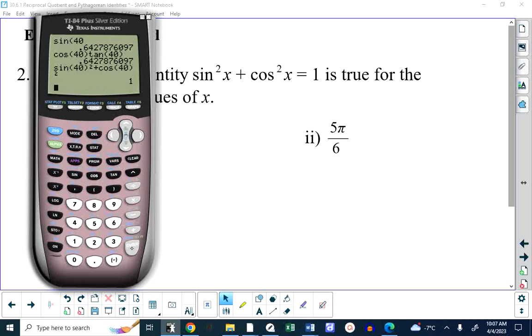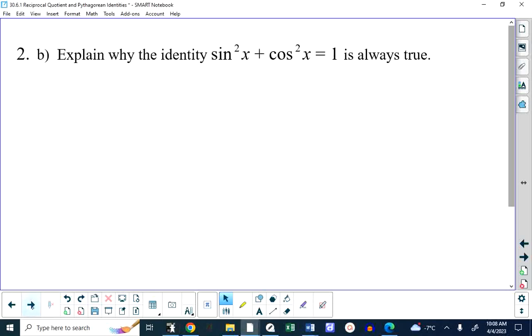If we do the same thing for 5 pi over 6, which is a radian measure, we would take sine of 5 pi over 6, quantity squared, plus cos of 5 pi over 6, quantity squared, it's 1. But again, as Lynette said, on the unit circle, y is sine and cos is x, and x squared plus y squared is 1. I don't think we really need to write anything down here. We know that. I've already explained it, right?